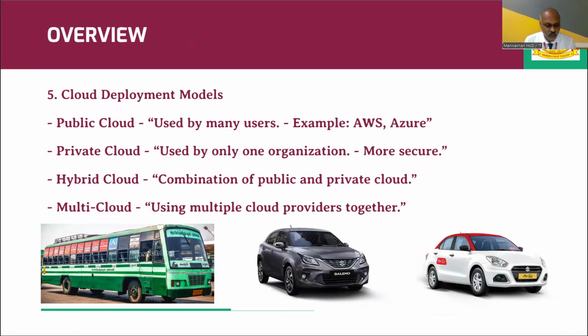First one is public cloud, right? It is used by many users, like cloud infrastructure that is available to the general public over the internet. Okay. It is owned by the cloud provider. So any public can use it, like our Gmail, up to 15 GB, which is provided by the cloud provider free of cost.